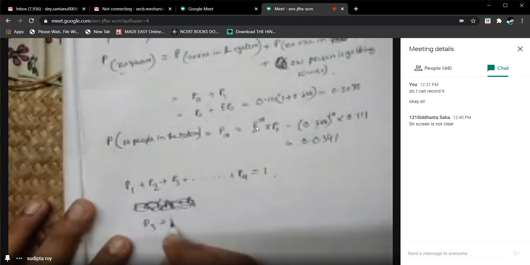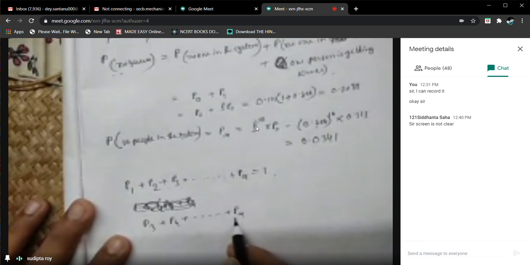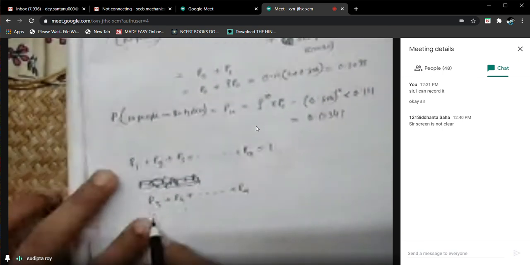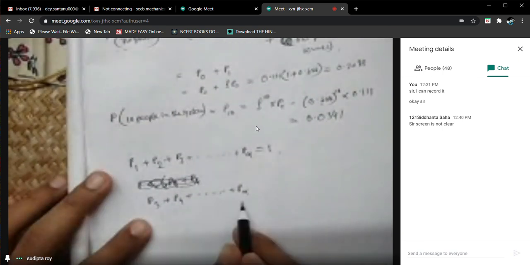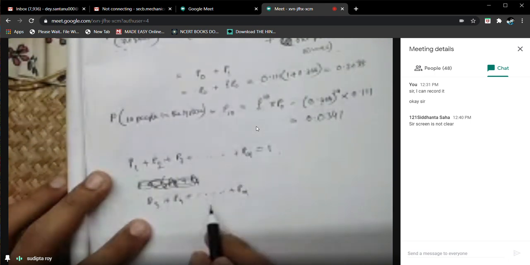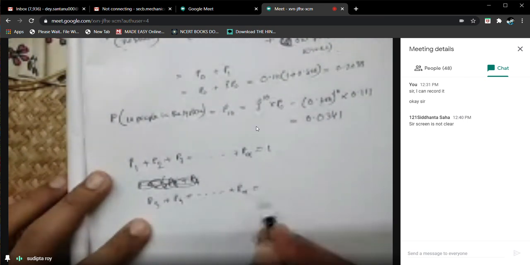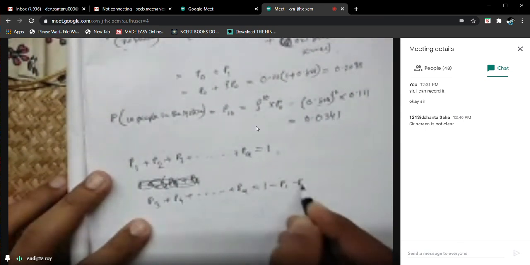P3 plus P4 plus dot dot up to infinity, that is the probability we need to find out, because these are the terms which tell us that the total number of people in the system is more than 2. So we get this as 1 minus P1 minus P2.